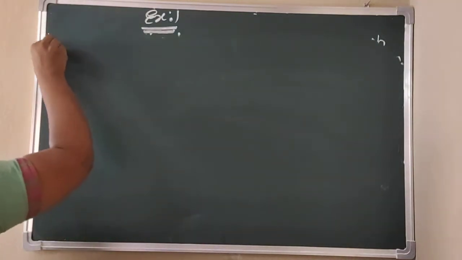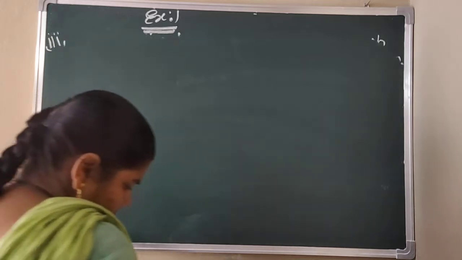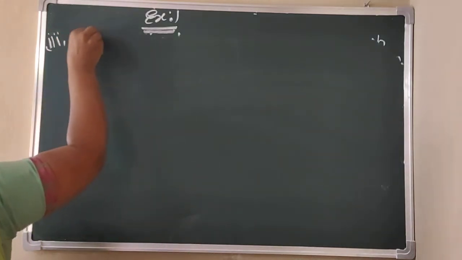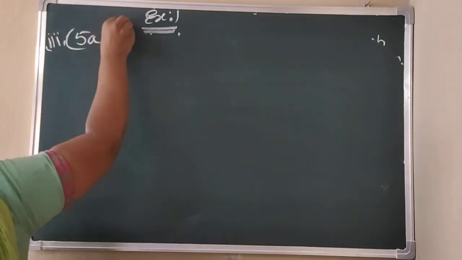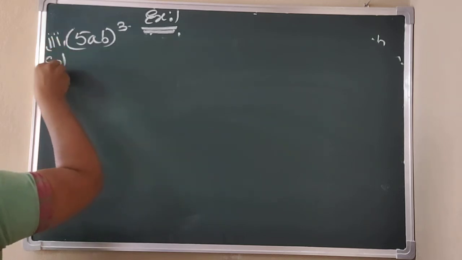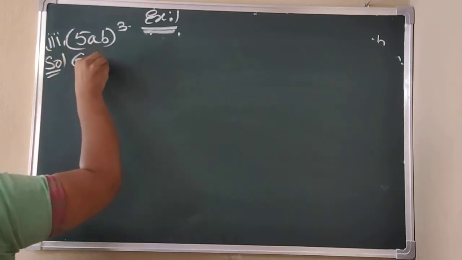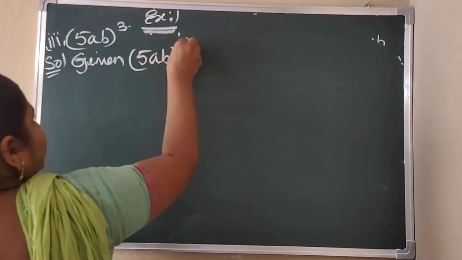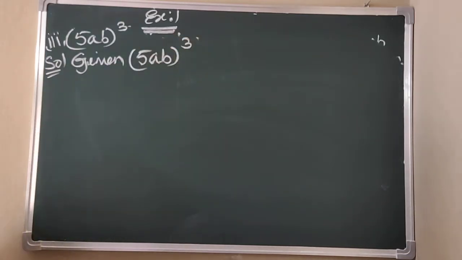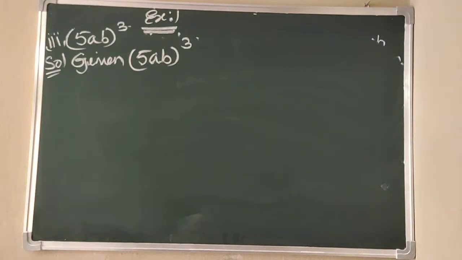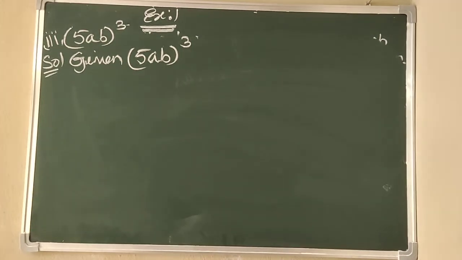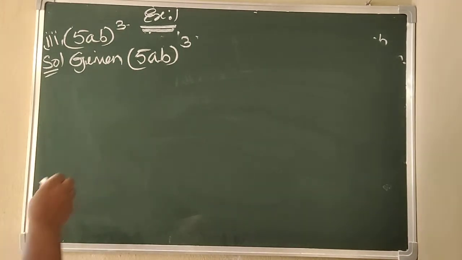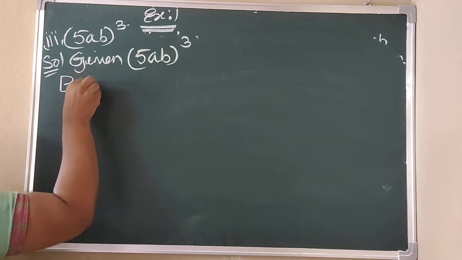Next, third one, 5ab whole cube. So what is the base and what is the exponent we have to write? So given 5ab whole cube. So here 5ab is the base.